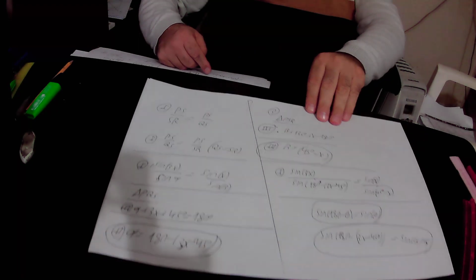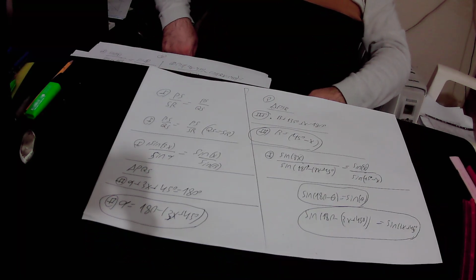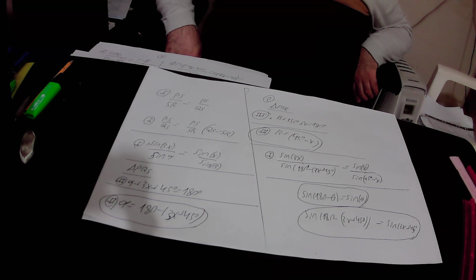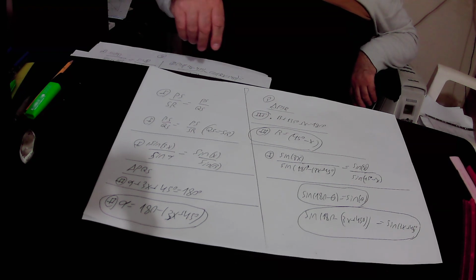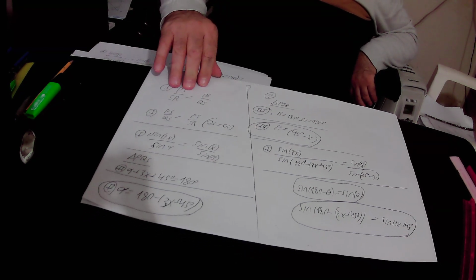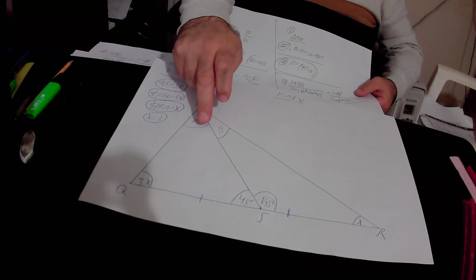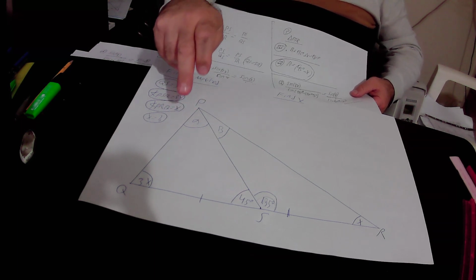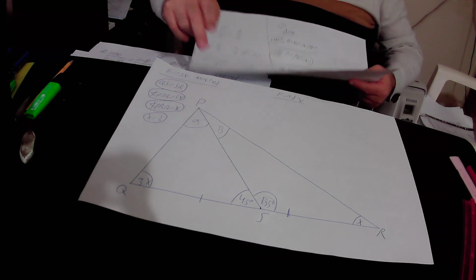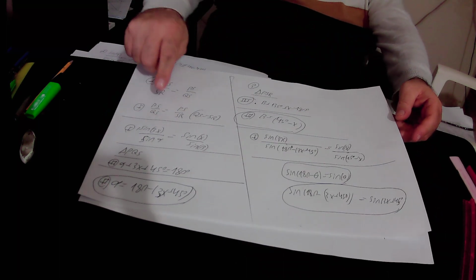But according to the equation that we derived from the law of sines, that A over B equals sine A over sine B, we will get that PS over QS in triangle PQS is actually sine 3x over sine alpha.